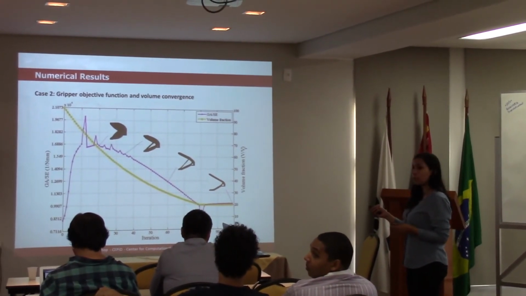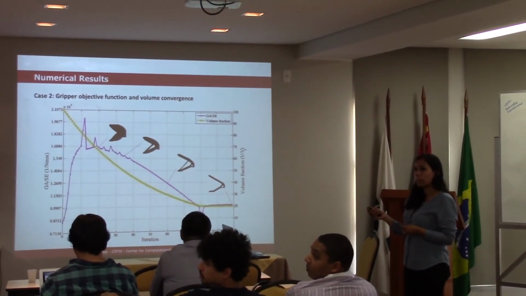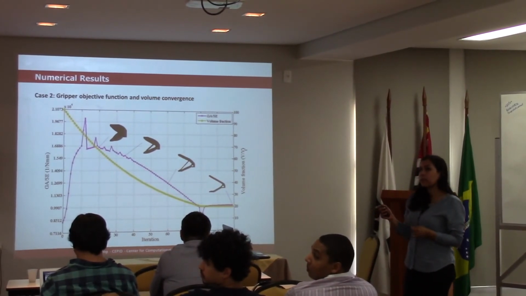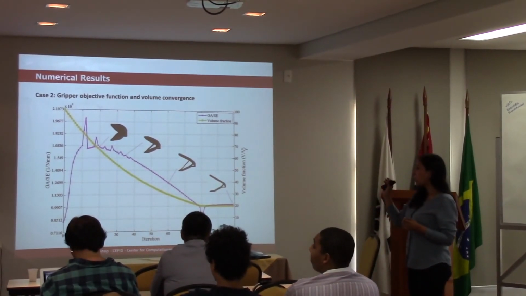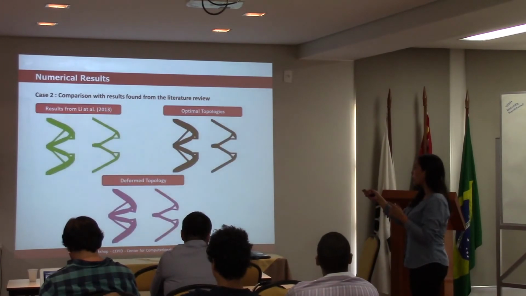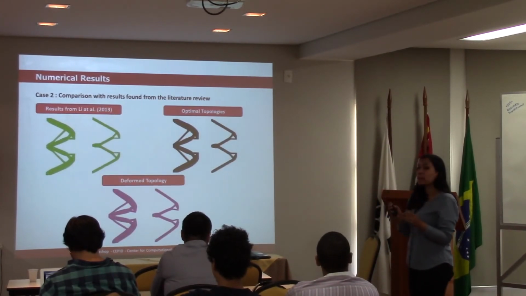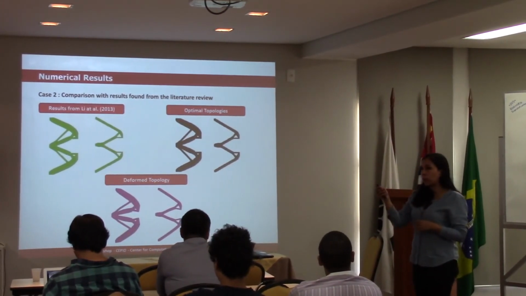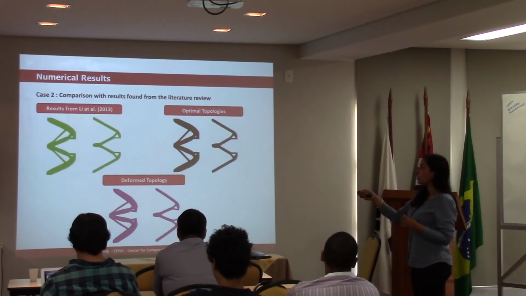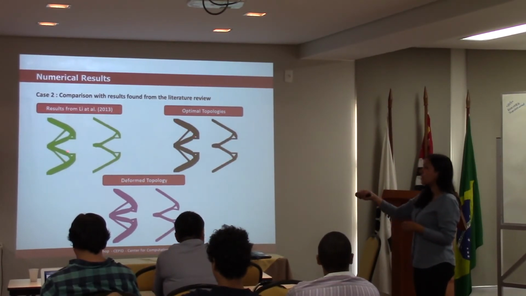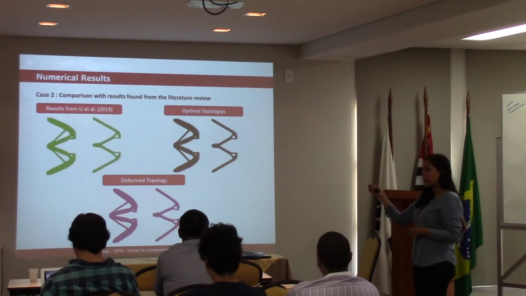Because the method could delete and put again some parts of your structure? Yes, but I'm going to explain it here. It depends also on the final volume. This is the structure for 20% final volume, and this is the structure for 40%.